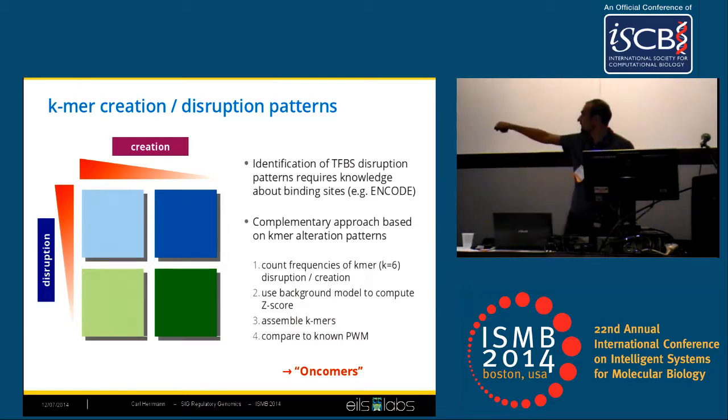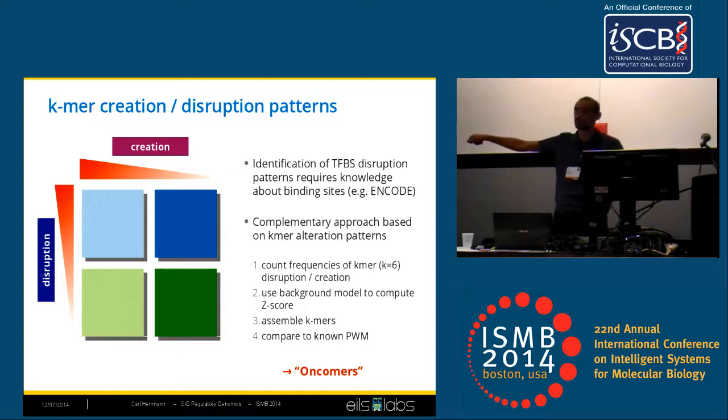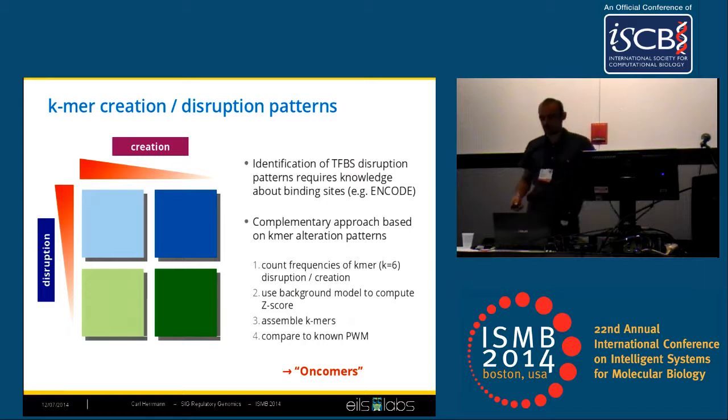And so we can have this scheme here of k-mers that would be frequently disrupted but rarely created, frequently created but rarely disrupted, or both of these cases here. And we call these k-mers oncomers, because they might somehow be relevant for malignancies.